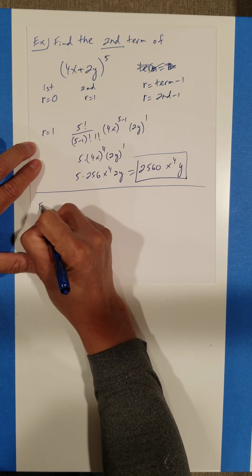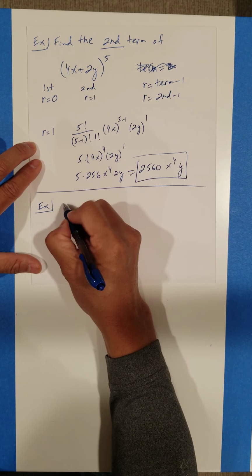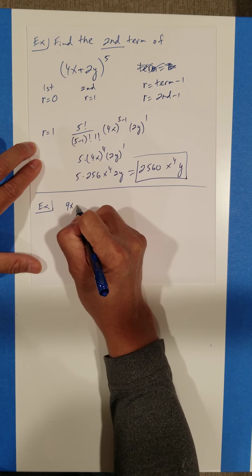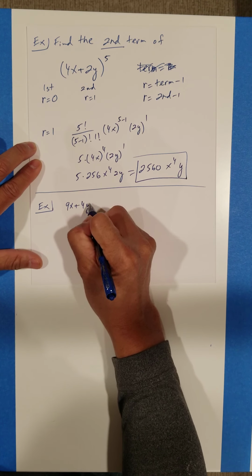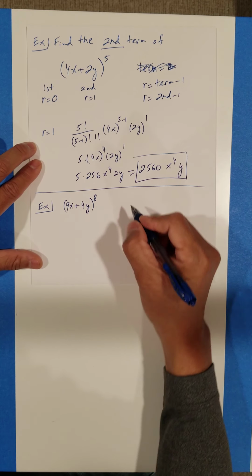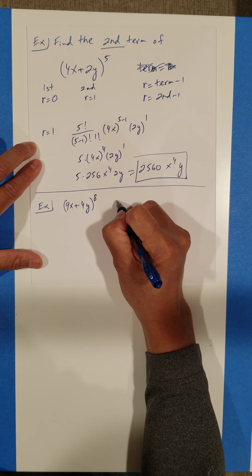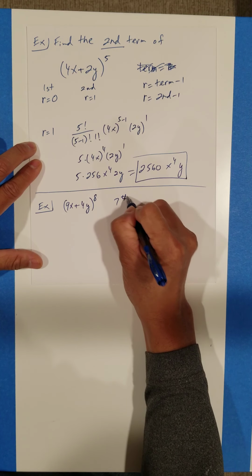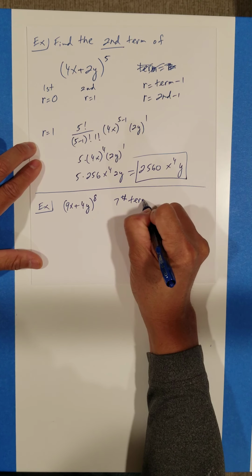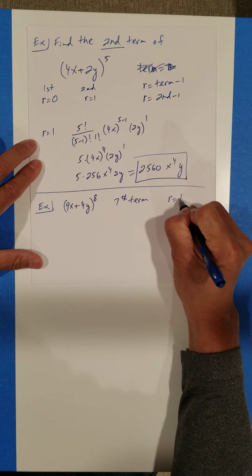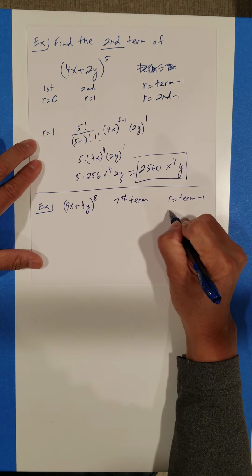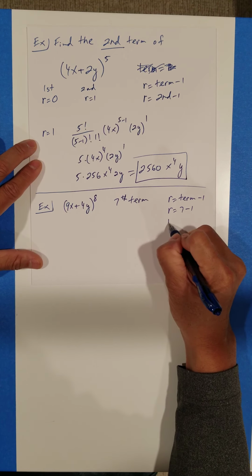Okay, one more example of that. Let's say I have (9x plus, let's say, 4y) to the 8th power. And here I want the seventh term. Okay, again, remember, 7th term. r equals term minus 1. So r equals 7 minus 1, r equals 6.